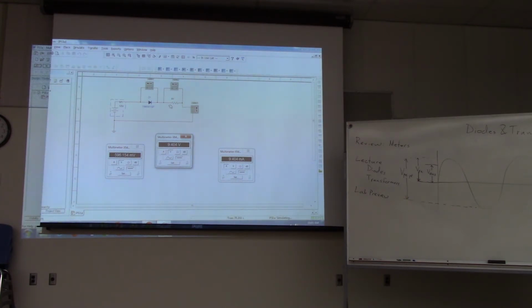I guess what he's asking is, does the diode provide any resistance? Well, it's not resistance in the same way that resistors provide resistance, right? It's not calculated in total resistance.